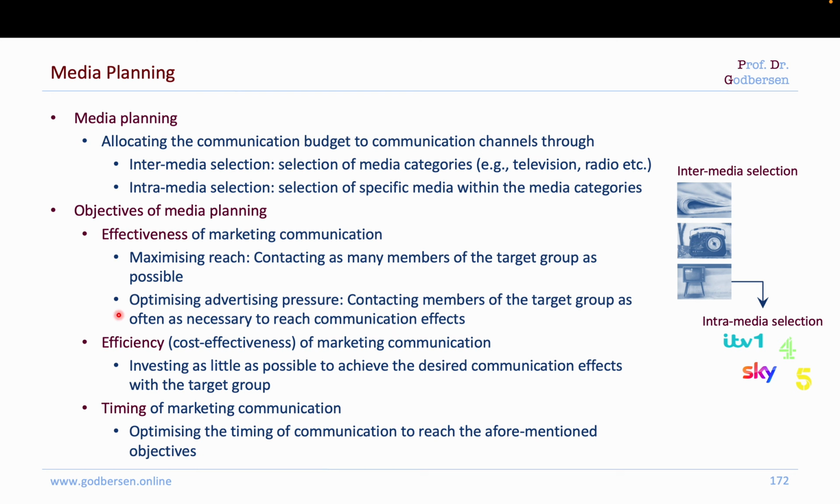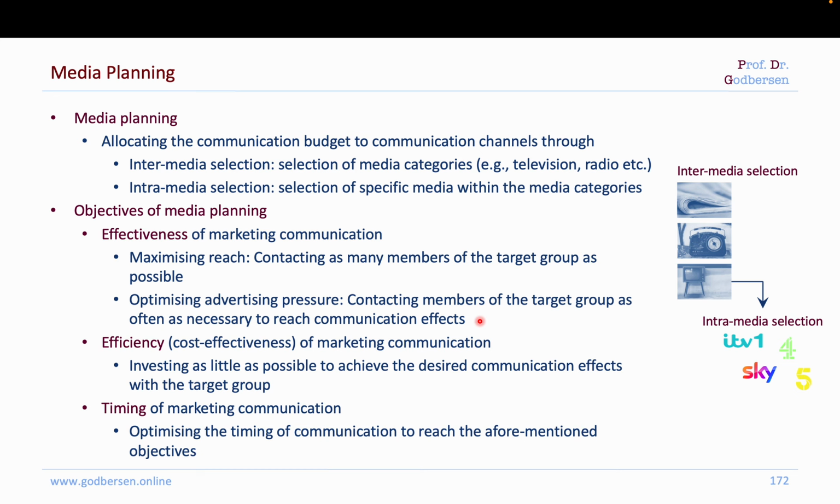Furthermore, we would like to optimize our advertising pressure. Normally, it is not enough to contact your target group once to achieve a change in buying behavior. You need to contact the members of your target group more often.